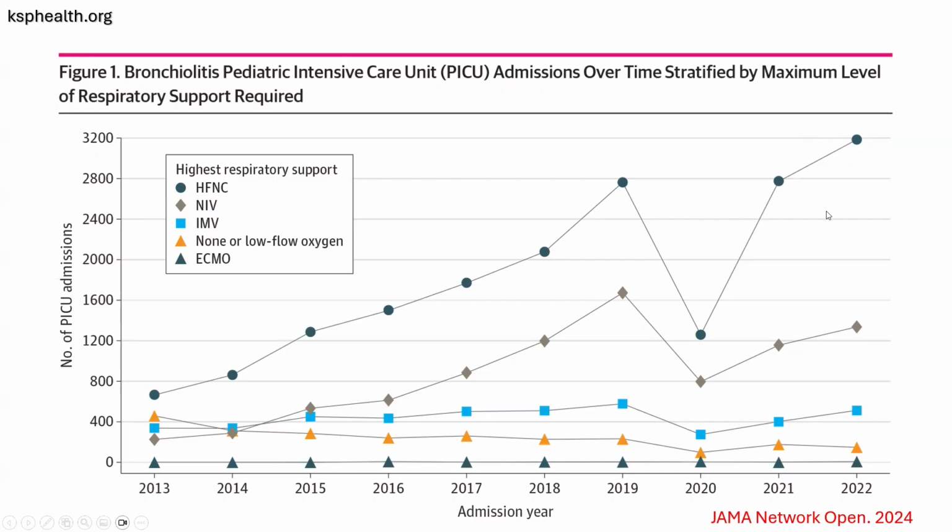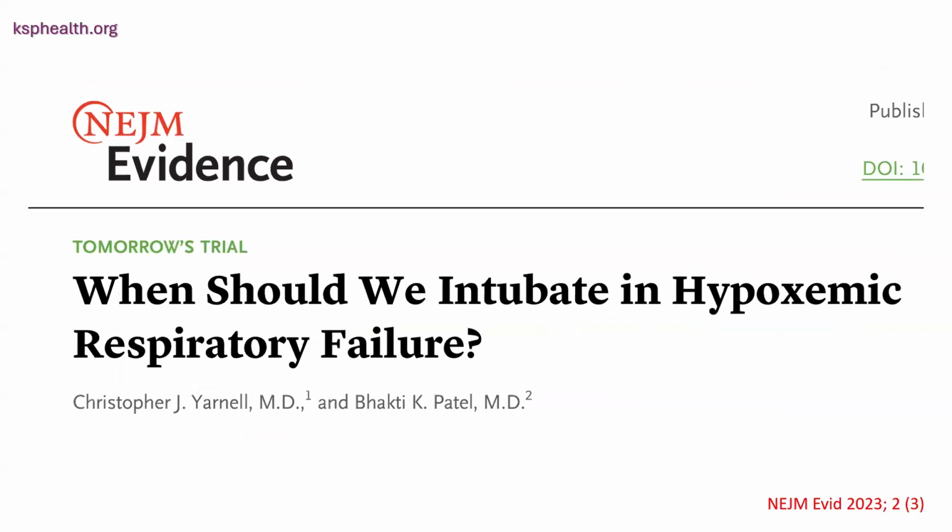So knowing all about high flow is very important, and also other non-invasive modalities. I have a separate video on high flow nasal cannula and non-invasive, and I am planning to do one on ram cannula sometime next week.